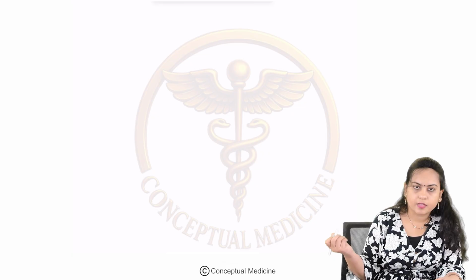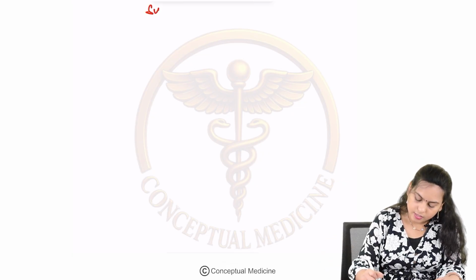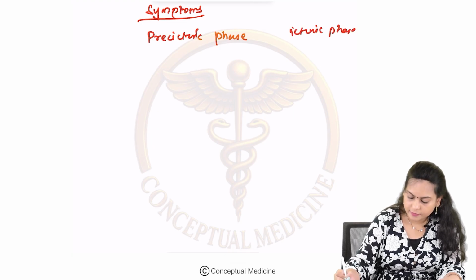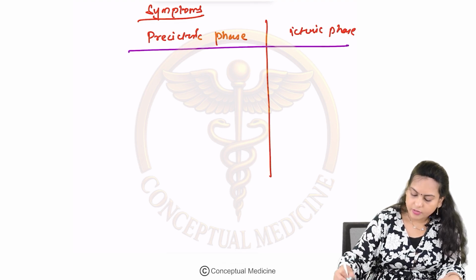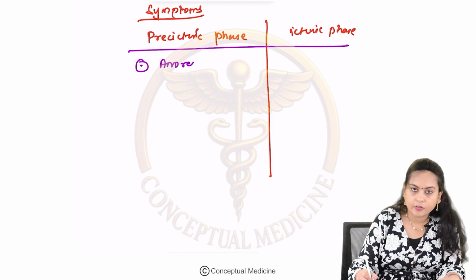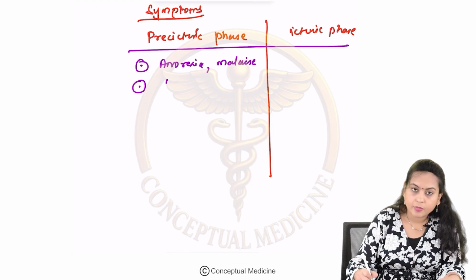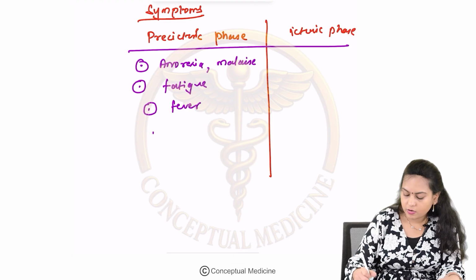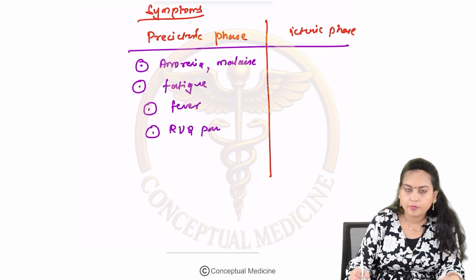So, what are the symptoms that the mother can present with? Symptoms can be classified into symptoms occurring in the preicteric phase and icteric phase. In the preicteric phase, most of the time she presents with anorexia, malaise, fatigue or fever or right upper quadrant pain.